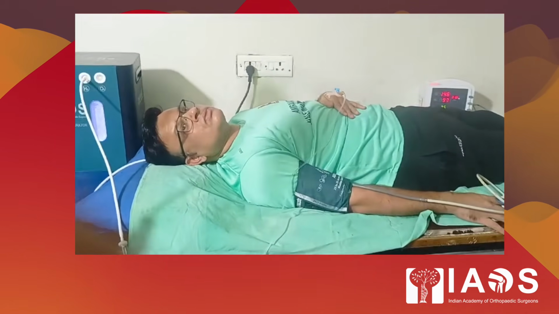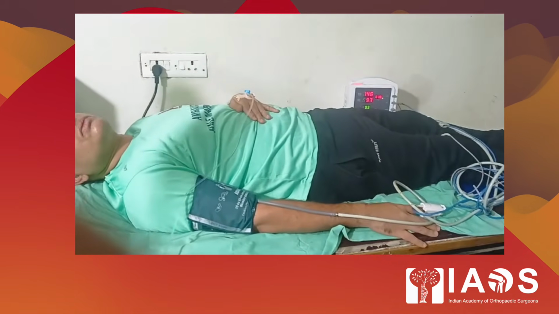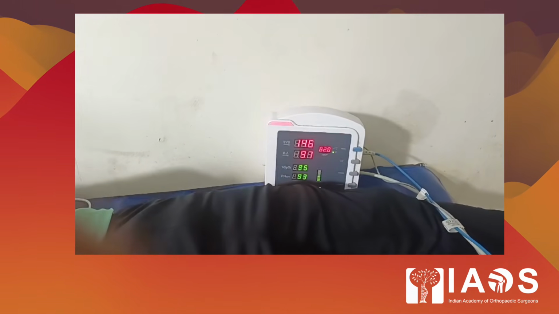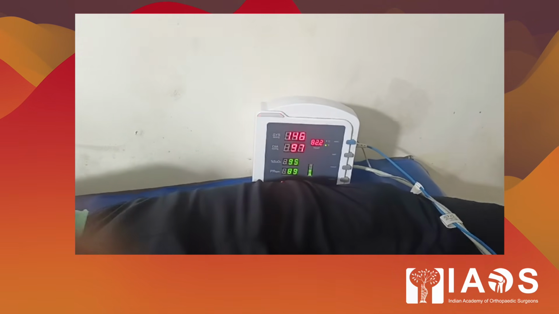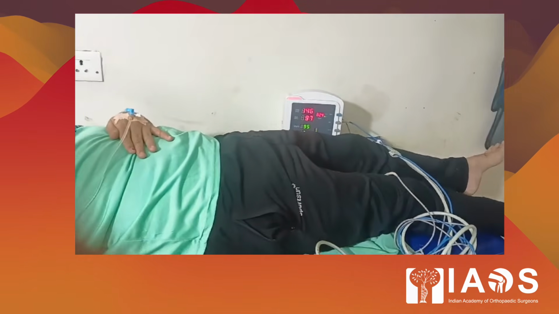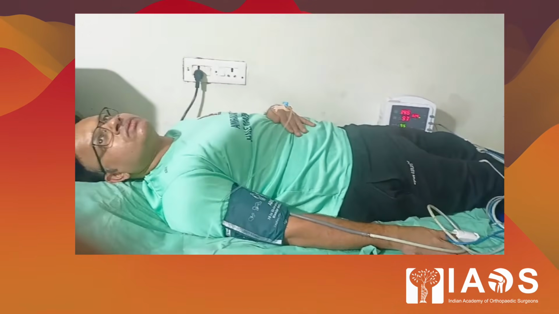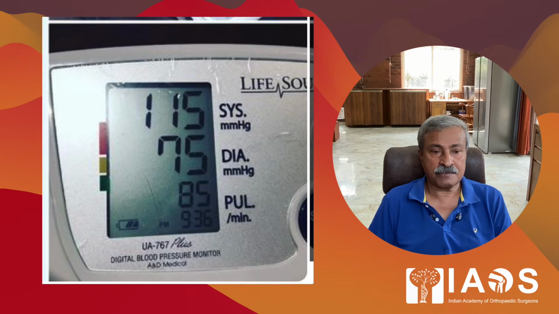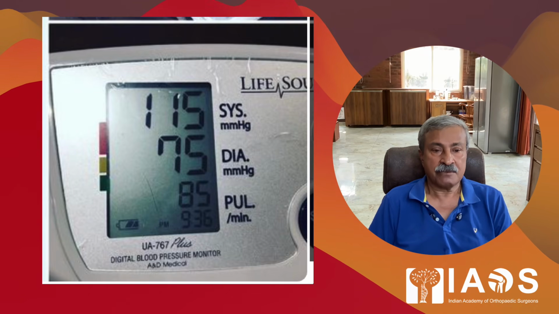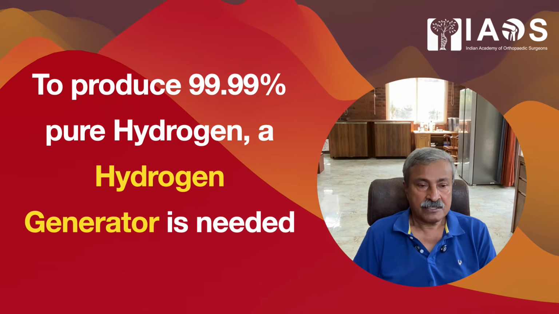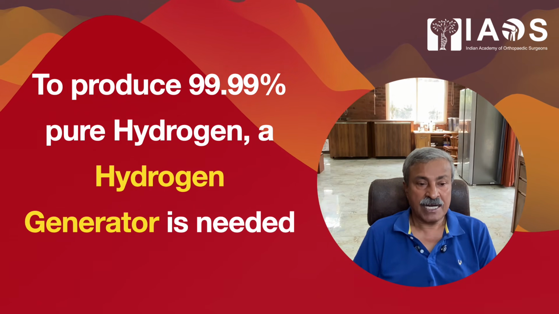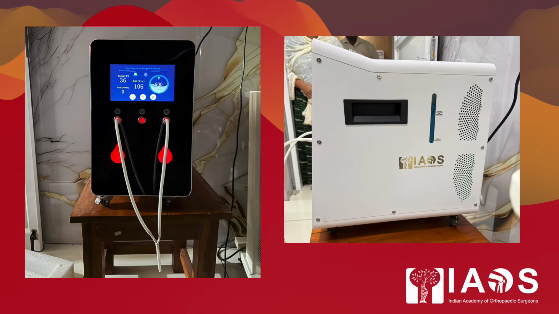The monitor behind shows 147/93 as the BP during infusion, 146/97, 98 while the hydrogen is being infused, and this is immediately after the procedure. After 20 minutes we can see the pressure has come to 115/75. To produce 99.99% hydrogen, a hydrogen generator is needed.